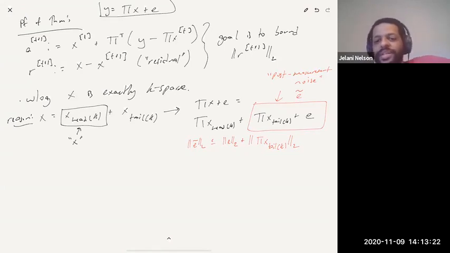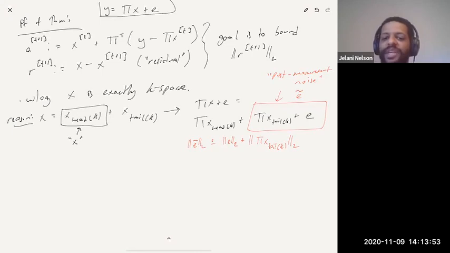Since x tail k is not sparse, we can't say that pi doesn't shrink its norm too much. But in this context we don't care whether pi shrinks its norm. If pi makes its norm 0, great, that's less error for us, because we're trying to bound the norm of e tilde. All we want to argue is that pi doesn't increase the norm of x tail k by much. But that's just true for any RIP matrix by the triangle inequality.